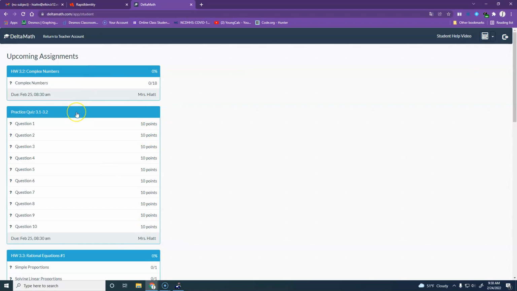So it's not required, but I would highly suggest doing this, especially if maybe you had a little bit of trouble with this so you can see what you're looking at, because last year students did not do great on this quiz. There should not be any surprises. It's all the same type of problems that you have seen. I'm not going to put anything new. Like, in Delta Math, you choose a category of problem, and you have done all of those categories of problems for me. This is the same thing here.